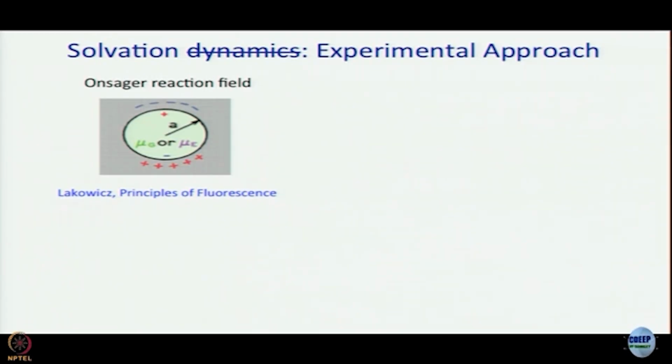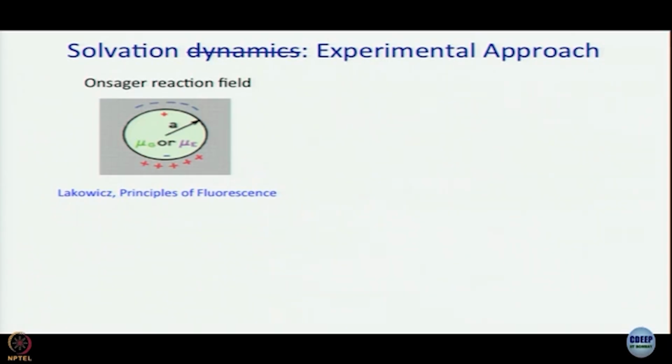Capacitor, yes, you create an electric field, right, plus and minus, of course, a field will be created. Now, this field is created as a result of, or as a reaction to, the introduction of the solute molecule in the cavity, is that right? So, this is called the Onsager reaction field.